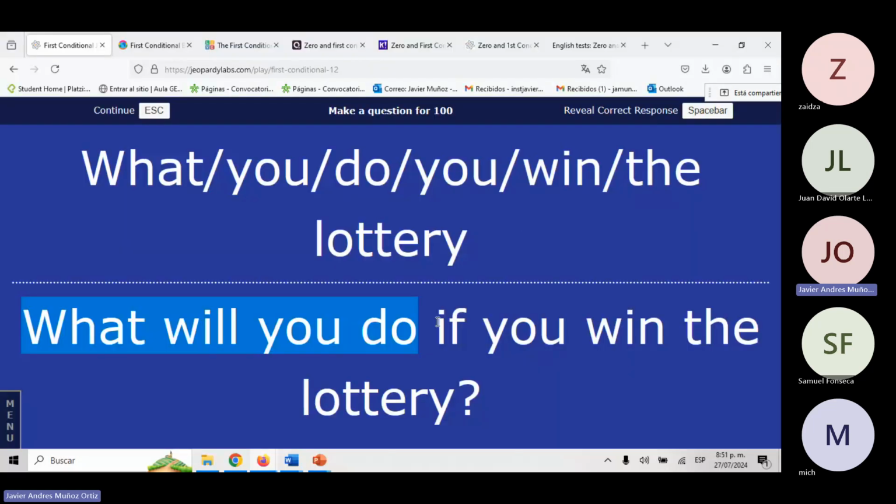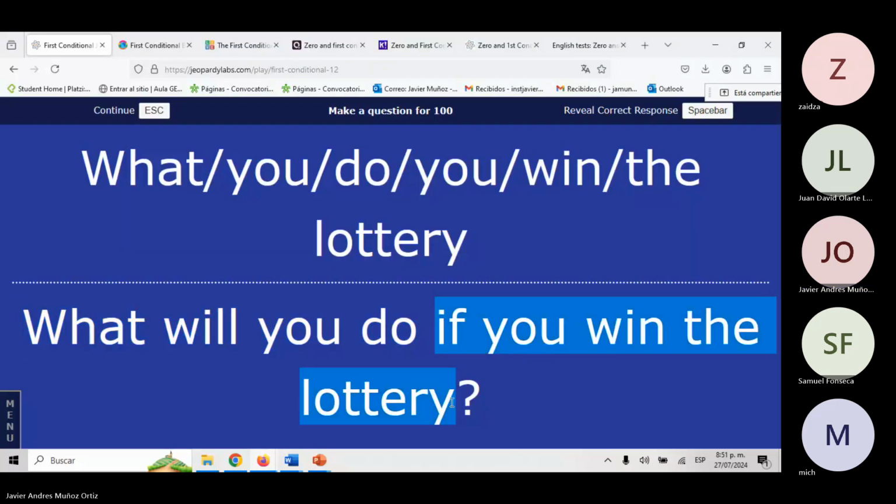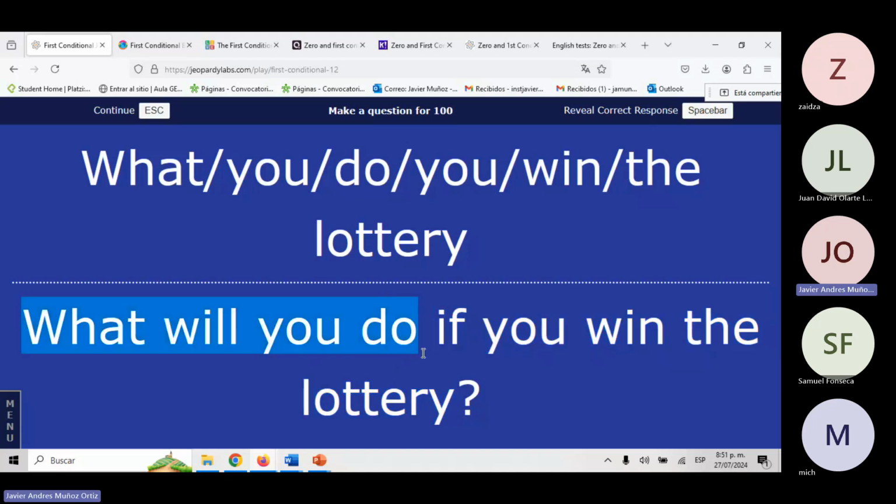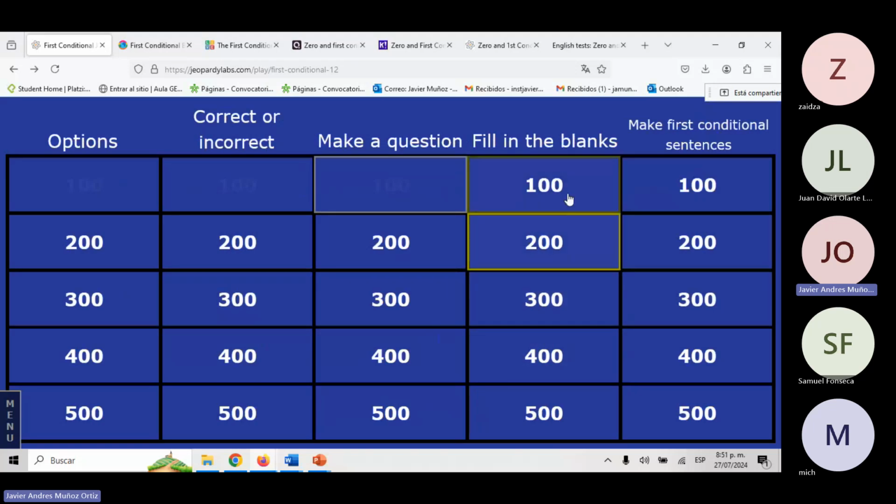And the cause, if you win the lottery. If you win the lottery, what will you do? Present, the cause. Future, the effect. So you will need to reorganize it. I mean, this is already organized. You will have to add some words and create a question taking into account the context. Fill the blanks.